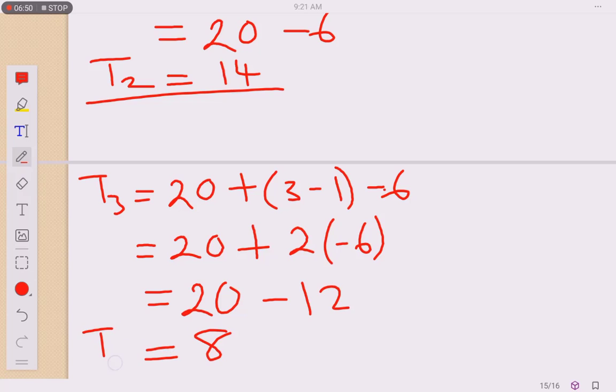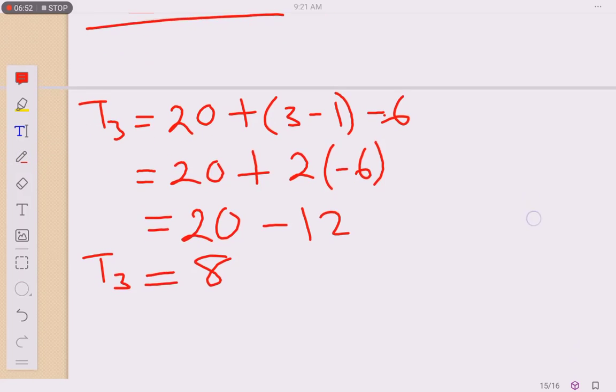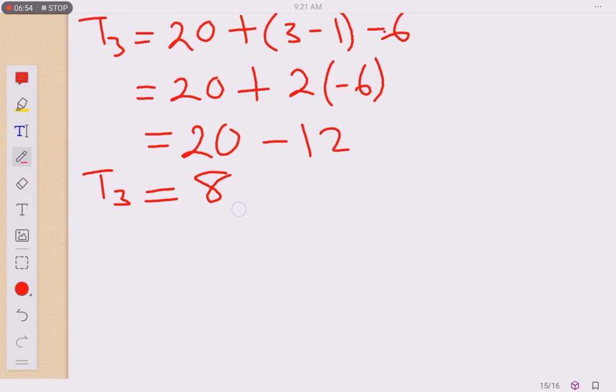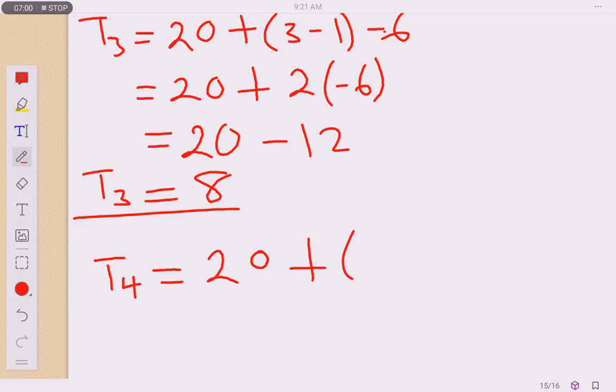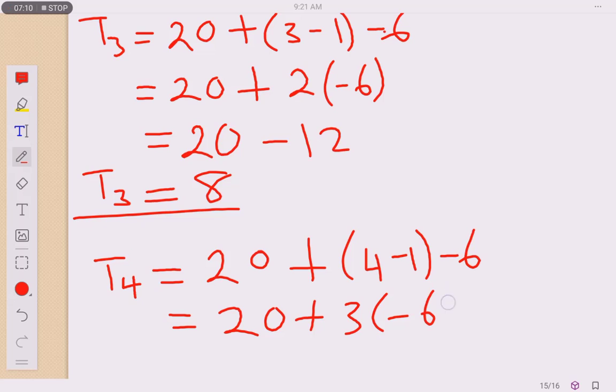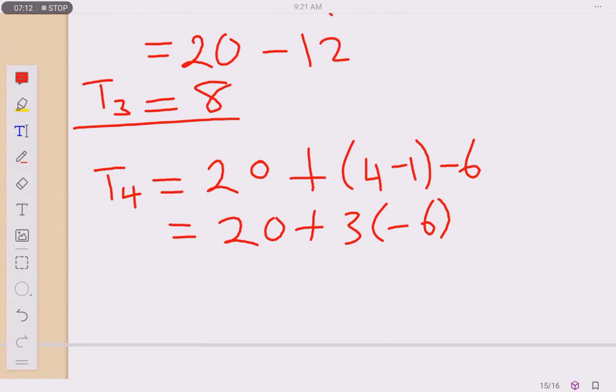T3 is this one. Okay, so we are left with T4 and T5. T4 is equal to 20 plus 4 minus 1 by minus 6 there. We have got 20 plus 3 by minus 6. So what do we get? We will have 20 minus 18.